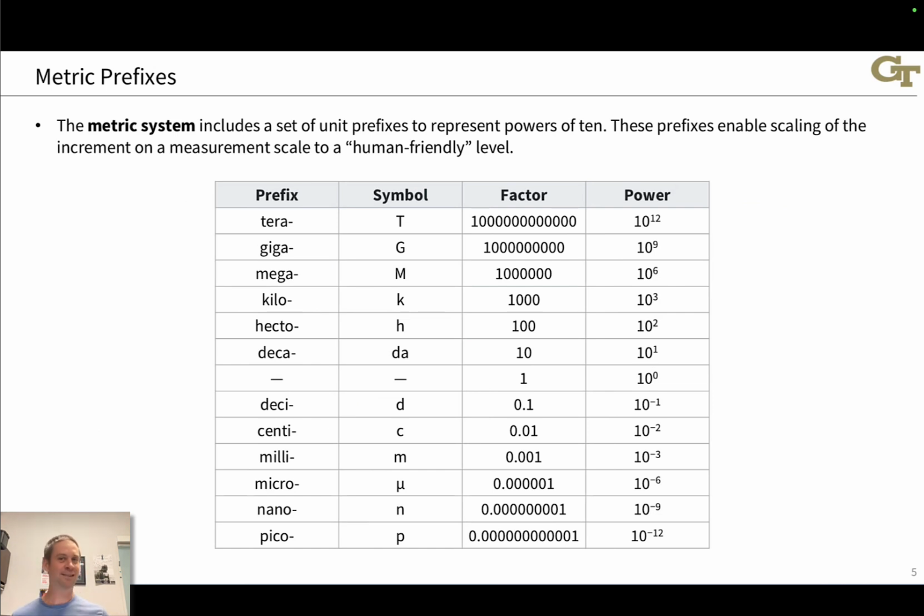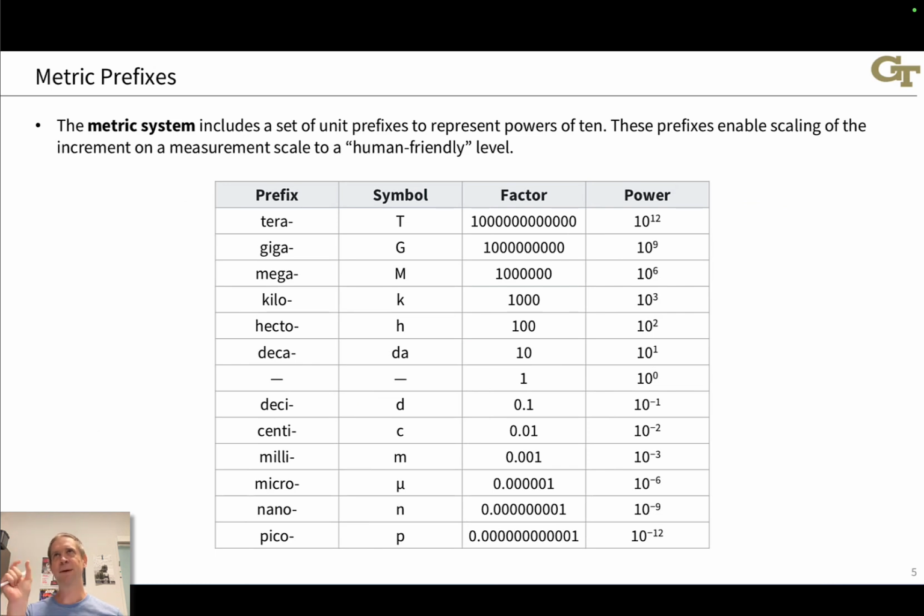Metric prefixes make it a little bit easier for us to wrap our minds around very large or very small values. And the way this works is we can think of any value inside a measurement as being some power of 10 times some number between, say, 1 and 10. This is related to scientific notation, which we'll touch on shortly as well.